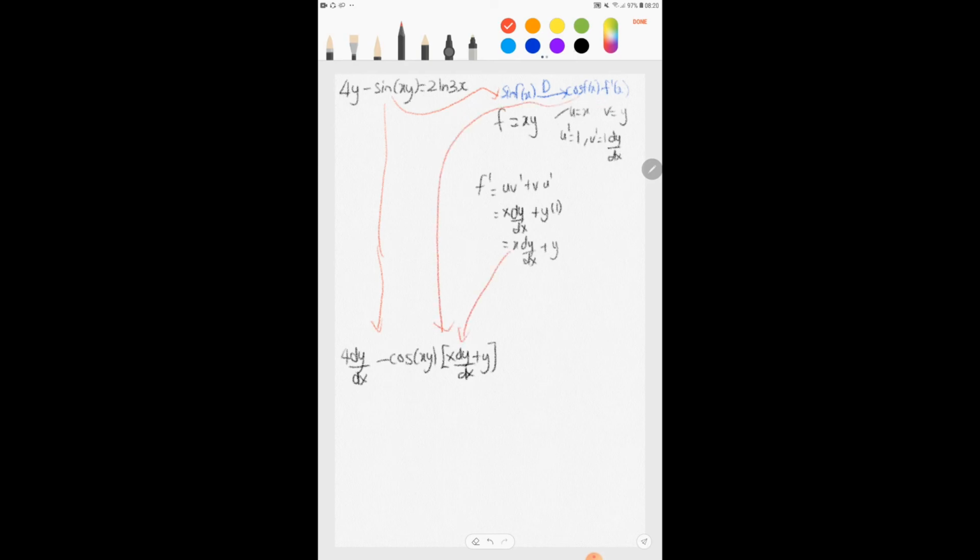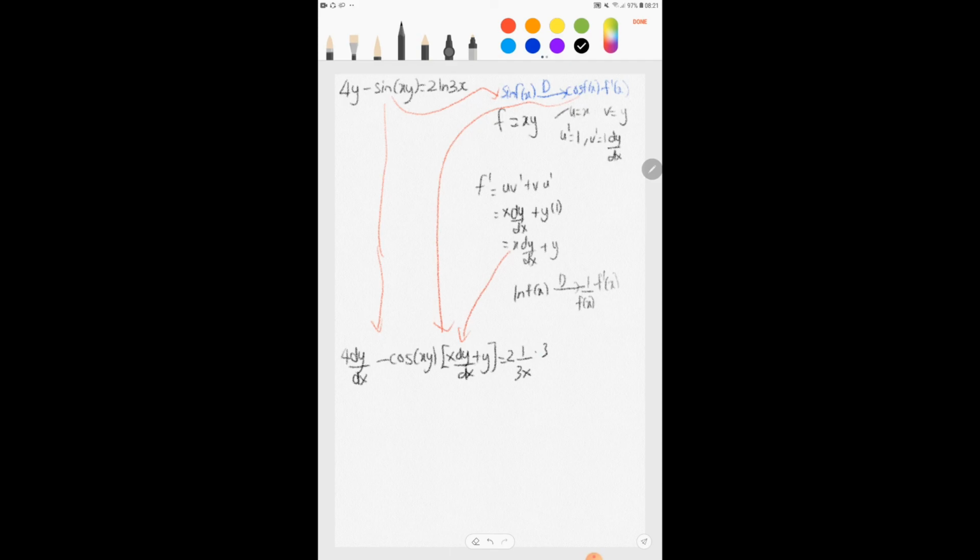It is equal to, differentiate 2 ln 3x. So ln 3x is in the family of ln f(x). If you still remember, differentiate ln f(x), we get 1 over f(x) multiplied with f prime x. So therefore here we get 2, differentiate ln 3x, we get 1 over 3x times 3.